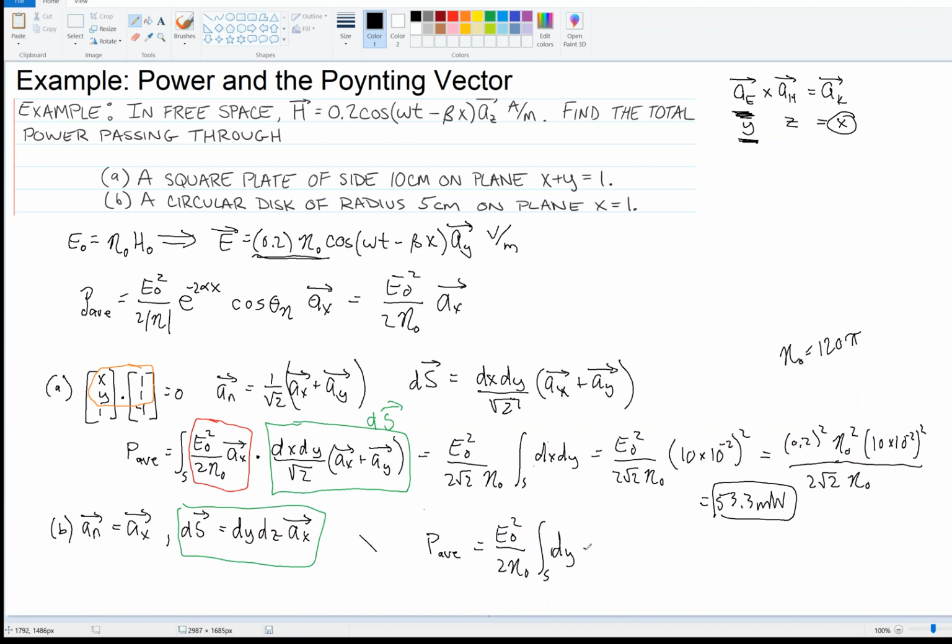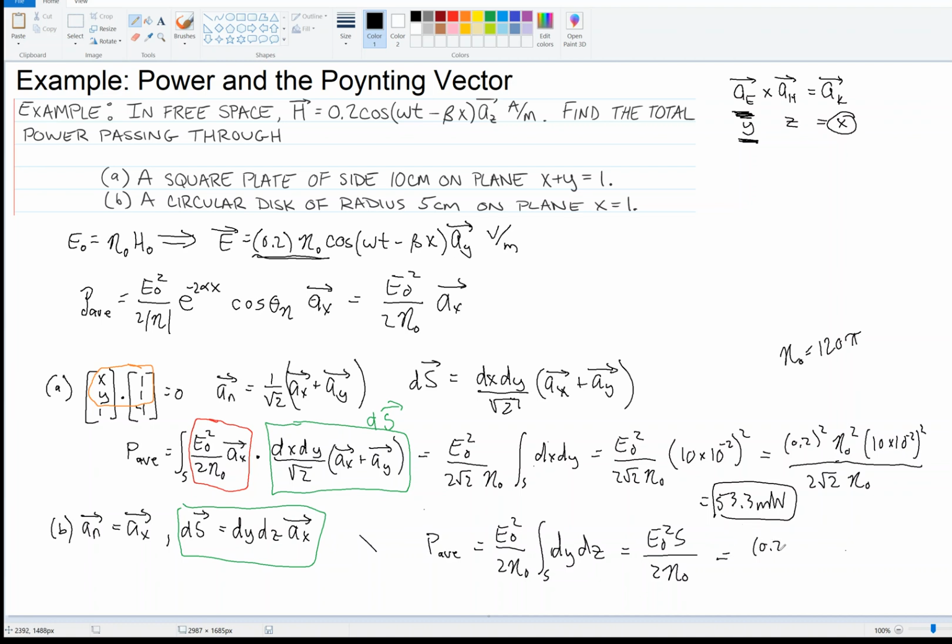So when I integrate a constant times dy dz over the surface area, all I get is the surface area. So this is E0 squared times the surface area divided by 2 eta 0. And then I can again do the cancellation with the eta.